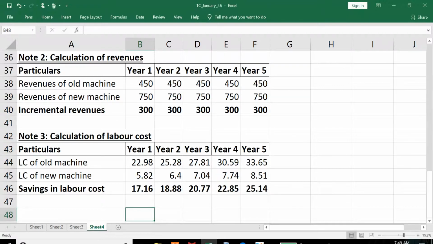The logic remains the same. Any doubts on this?